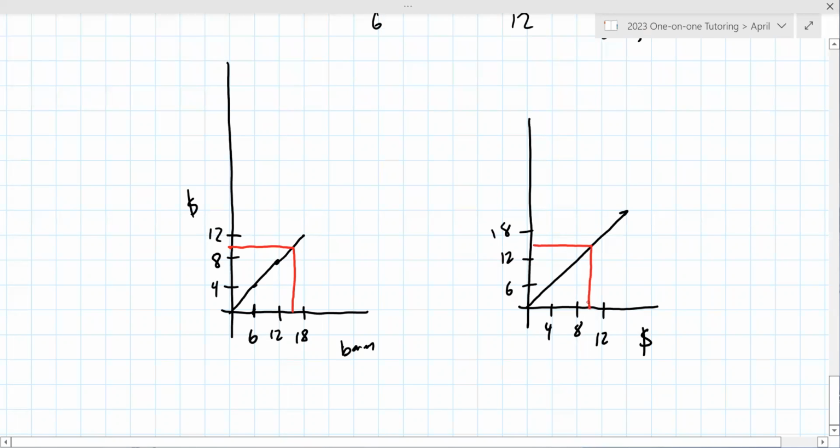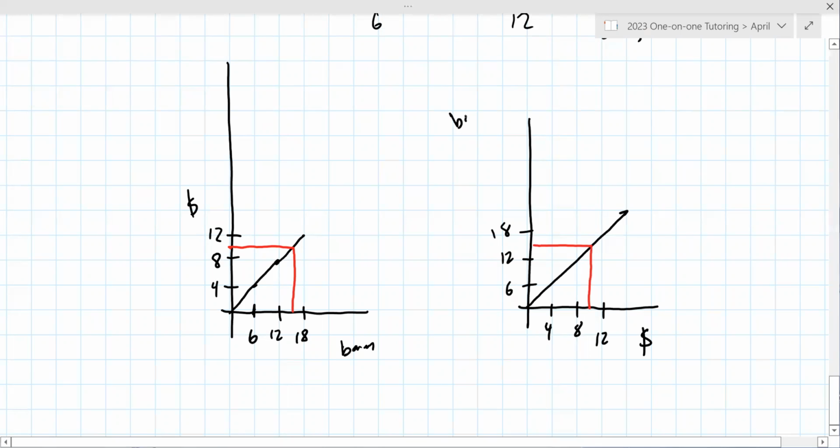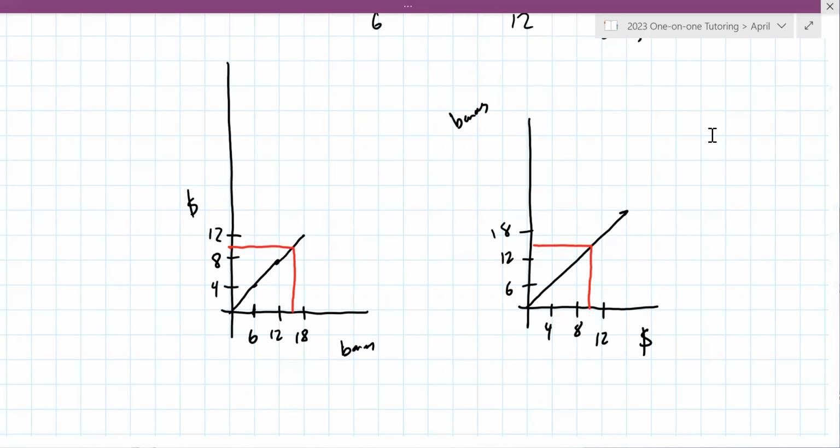Do you see that? Yeah. So it doesn't matter which way you graph it. Just be consistent with your units, your increments. Okay, yeah. I think I was just randomly having a brain fart.